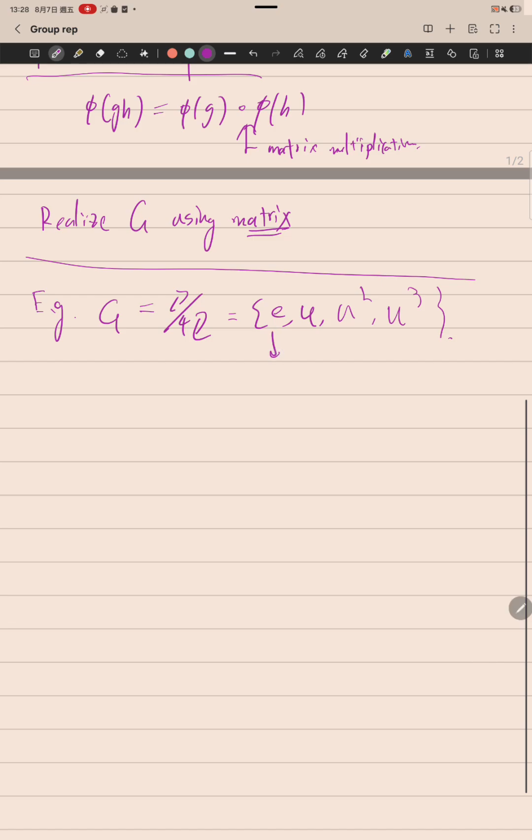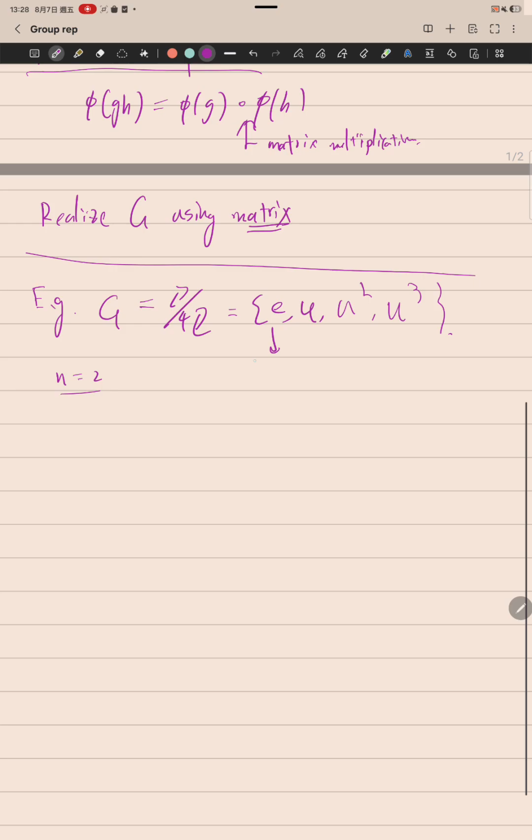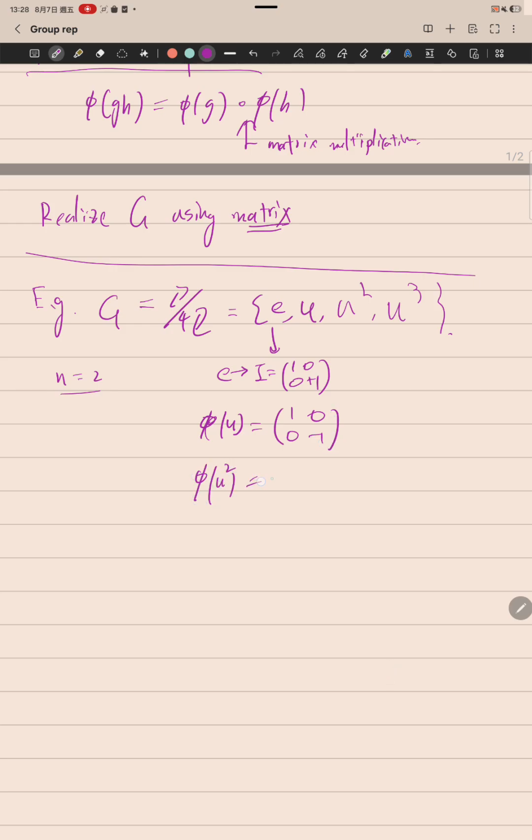Since it's a homomorphism, if I consider n to be 2, then E should map to the identity, which is 1 0 0 1. And for example, rho of U can be, for example, 1 0 0 minus 1.